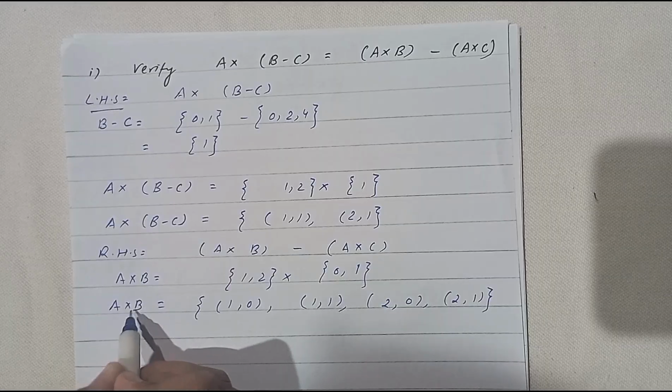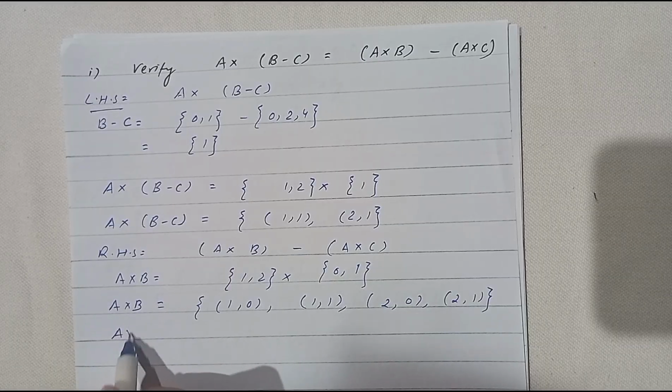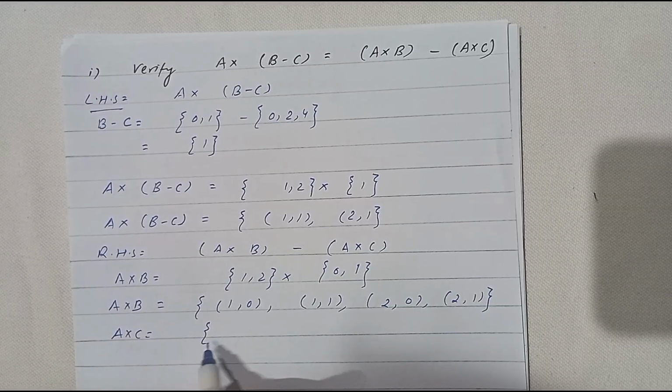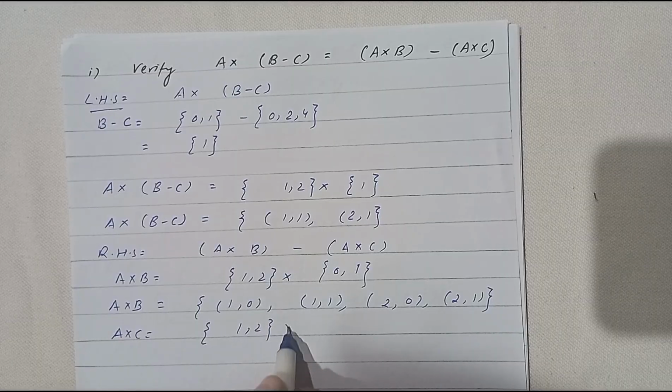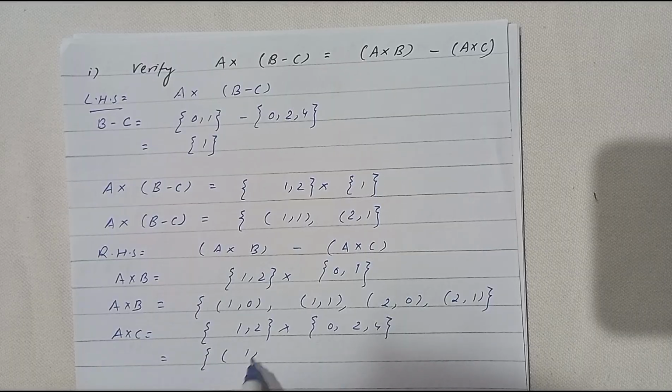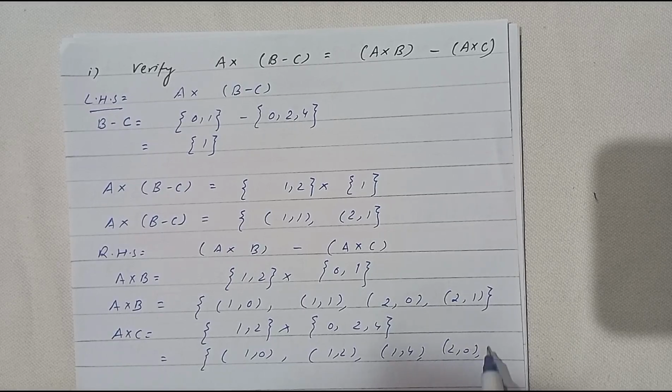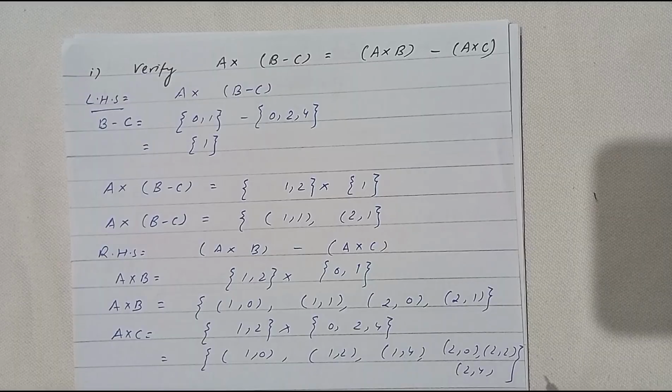Now we find the cross product of A cross C, that equals {1, 2} multiplied with {0, 2, 4}. This equals (1,0), (1,2), (1,4), (2,0), (2,2) and (2,4).